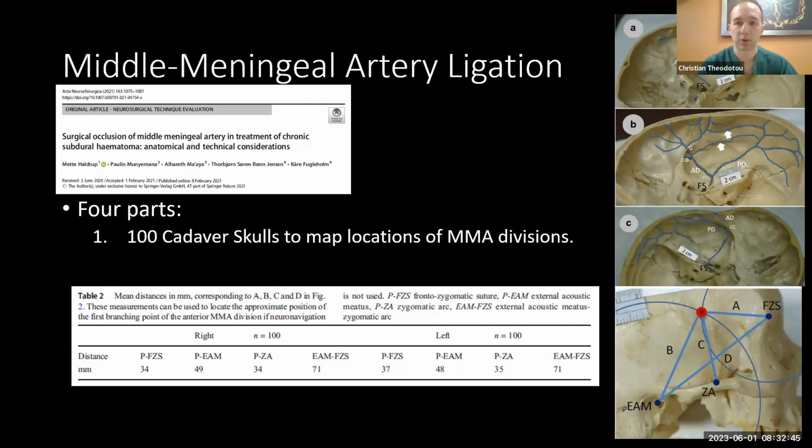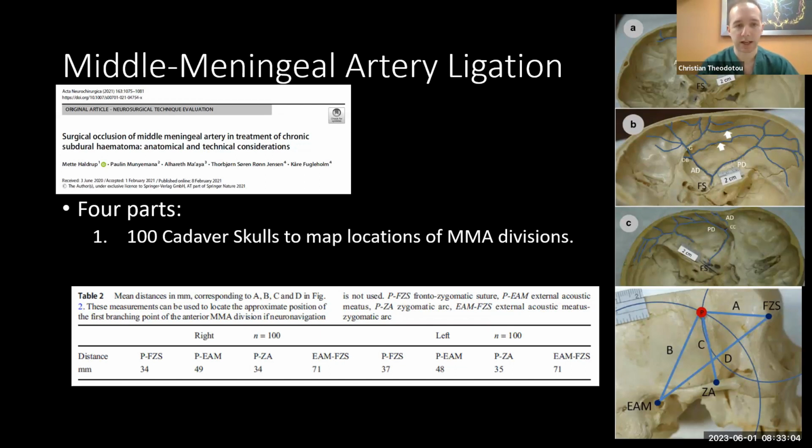So they're trying to replicate the results of middle meningeal artery embolization by doing direct cut downs on the MMA, which I'm not supporting, but it's an interesting occurrence that they're trying to replicate the same thing without the technology available.